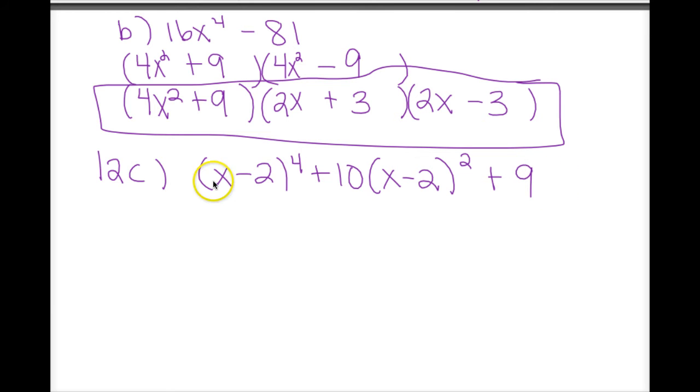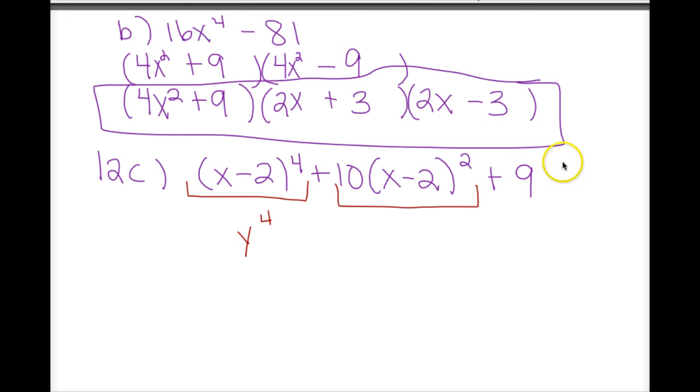Because what this is getting you to do, these two problems, is to realize that this itself is a term, and this is a term, and that x minus 2 to the fourth, x minus 2, I could make this a y. This has the same format. You don't have to write this. I'm just using this as an explanation tool.